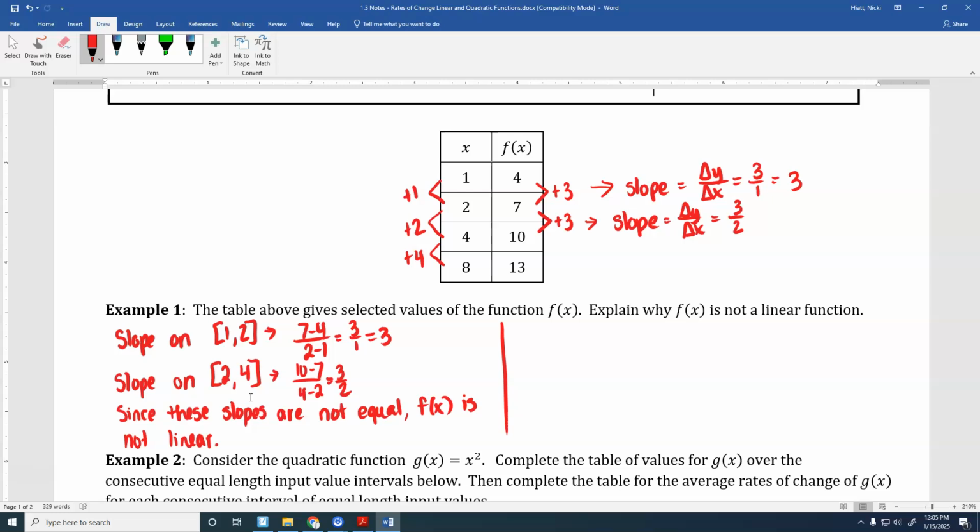Okay, so that would just be like a straight, you're showing why it can't be. All you got to do is show what we would call a counterexample. It's like, here are two places, the slopes aren't the same, so this cannot be constant.